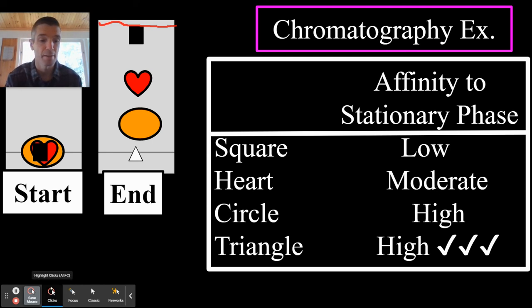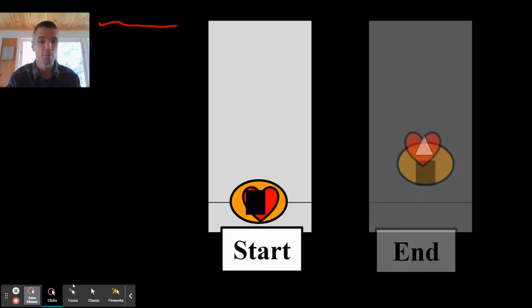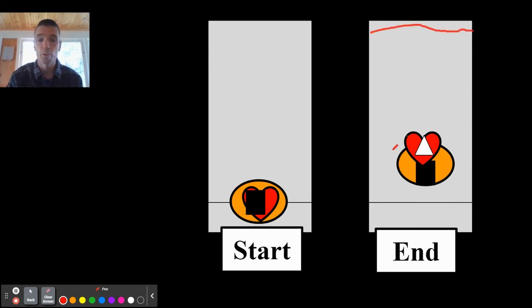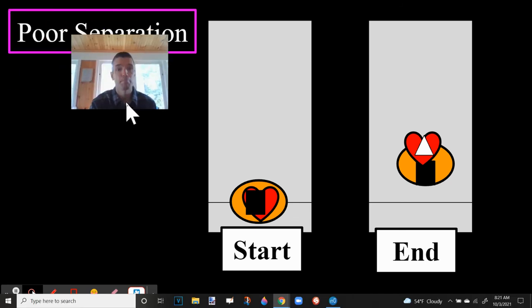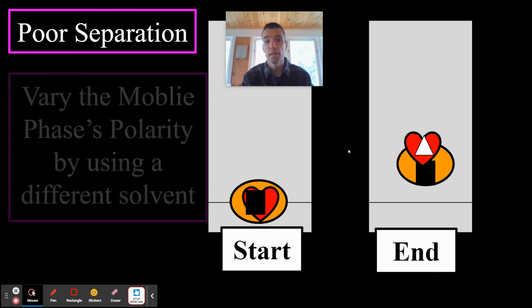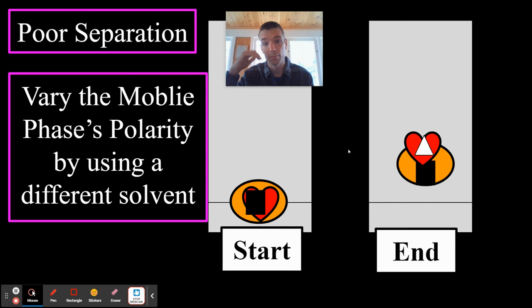Now, sometimes in chromatography, what might happen is you run your column and the solvent goes up there, but whatever you're trying to separate gets clumped together. The way to get around this poor separation of your components is to vary the polarity of your mobile phase.